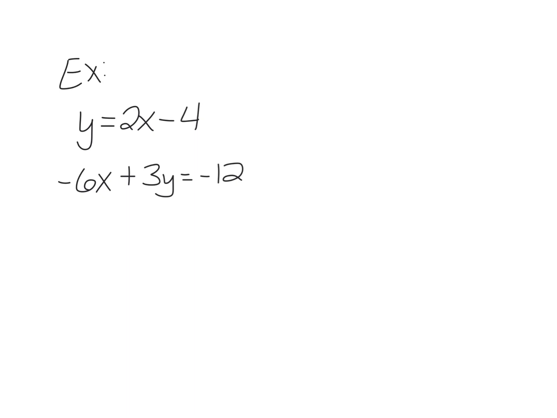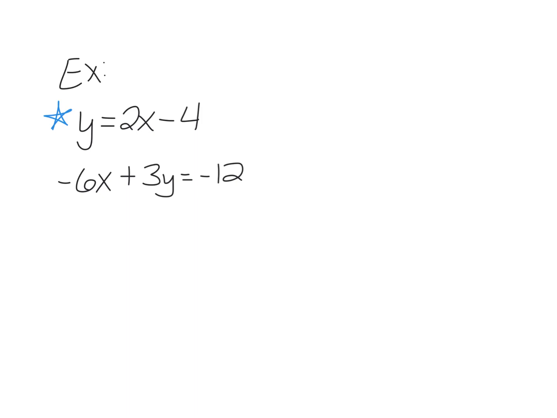Review of substitution. What do you notice that we have with these? One of them is already by itself, right? That was step 1, to get one of the variables already by itself. So with the first one, this one's already by itself. What was the next step?